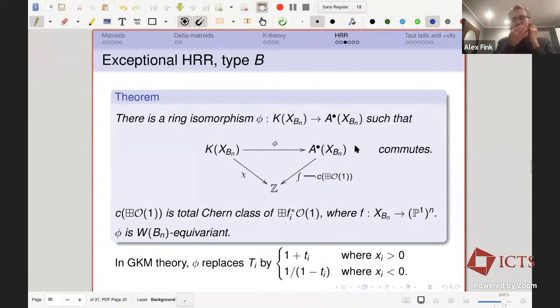But it gives you a way to replace the Todd class with something easier, avoiding the denominators in Hirzebruch-Riemann-Roch. It's Weyl equivariant, so it gives you a combinatorially better behaved, easier to work with map between these two rings. So if you have a polytope computation and want to turn it into a tropical intersection computation, this is a simpler way to do it.